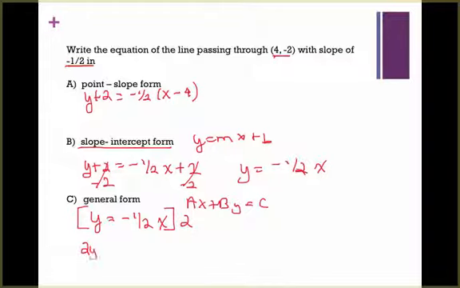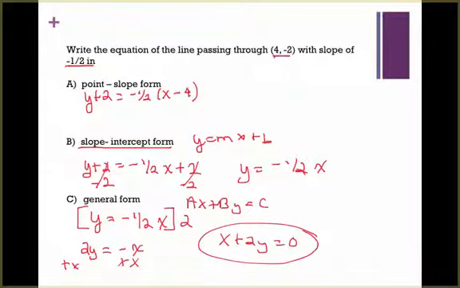That's going to give me 2y equals negative x, because negative 1/2 times 2 would be negative 1x. But we need to also get our x and our y together. So let's add an x to both sides. And when I do that, I have x plus 2y equals 0, and that would be my general form.